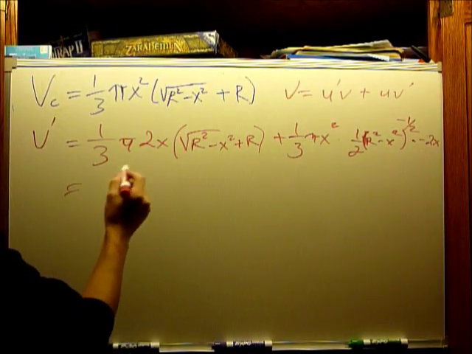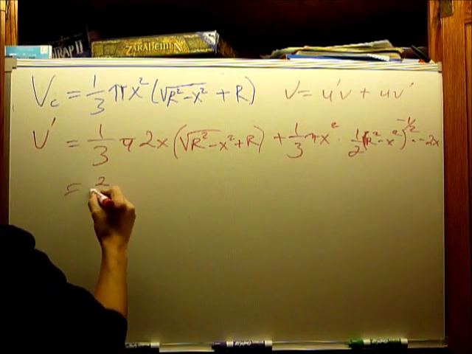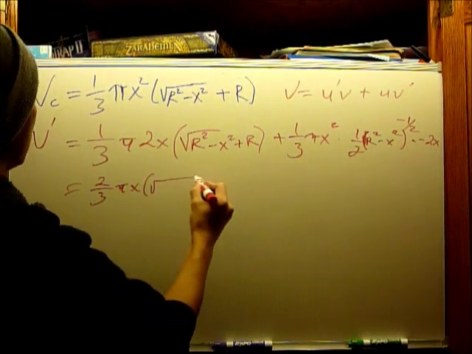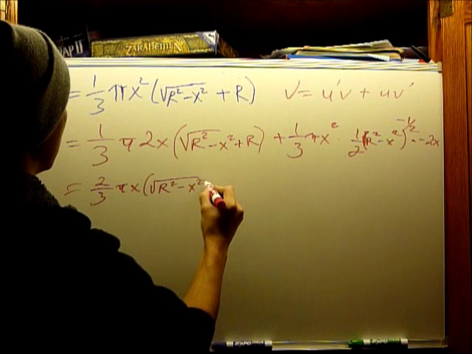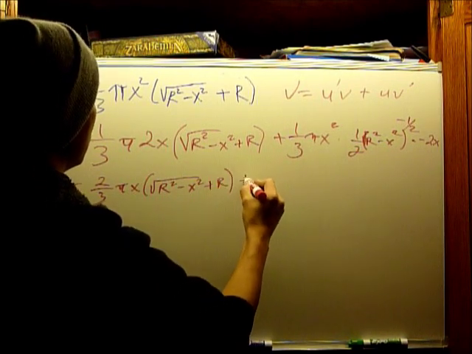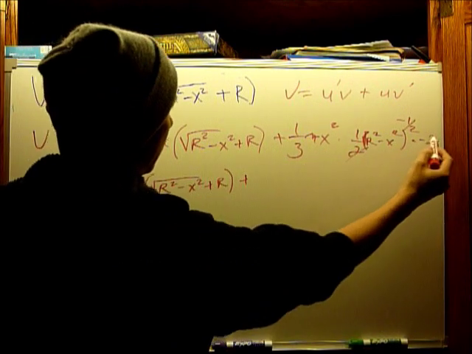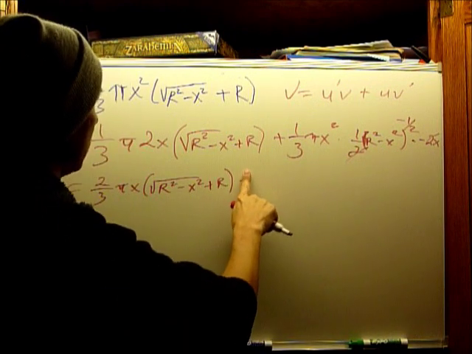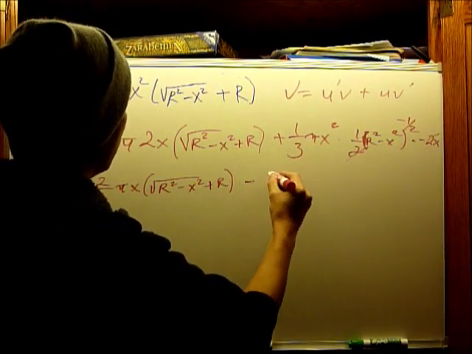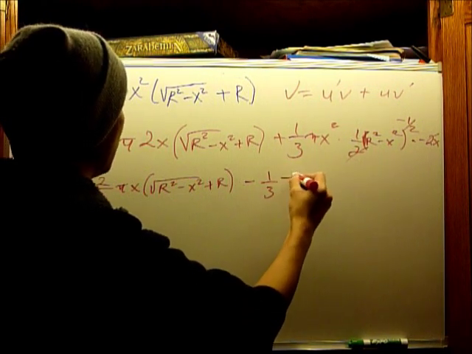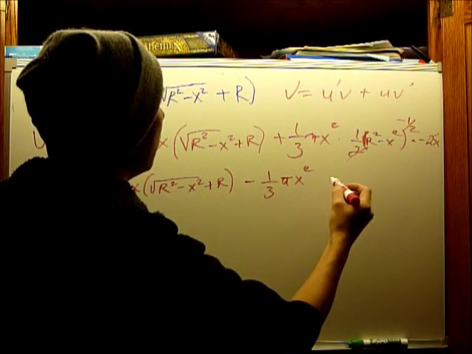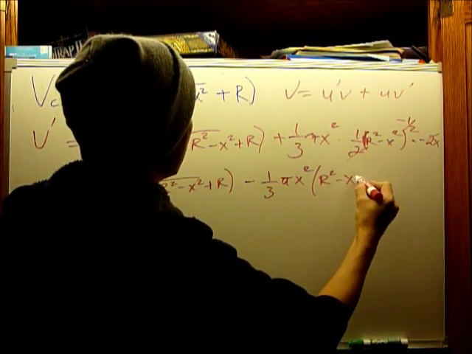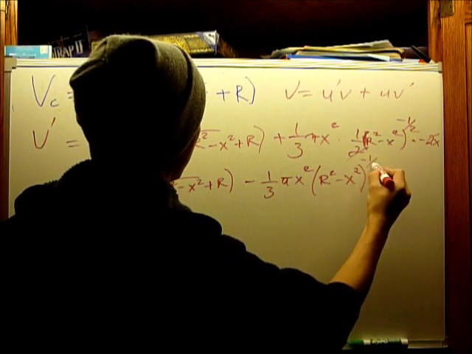And to simplify it, this is going to cancel out, so you're left with minus 1/3 pi times 1/2.